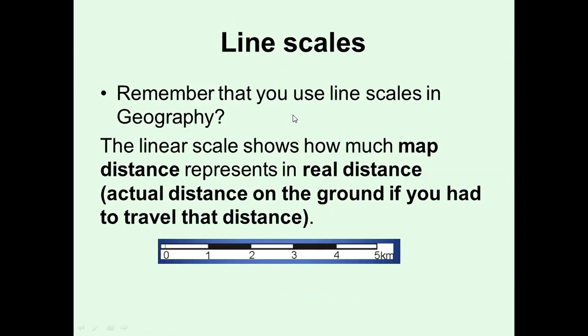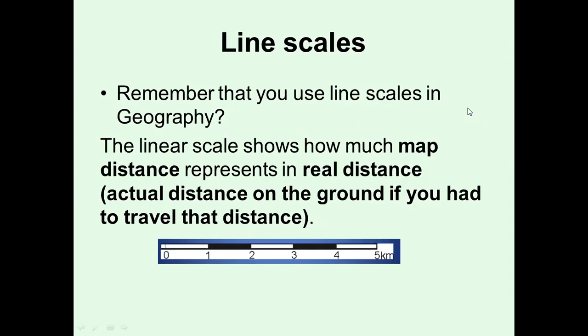So if the scale line says this distance on the map, from point A to point B, represents 5 kilometers, and you get into your car and drive from point A to point B, then it's going to be 5 kilometers.